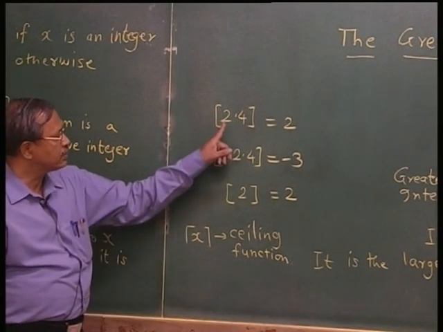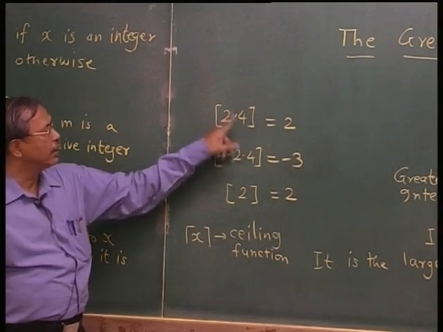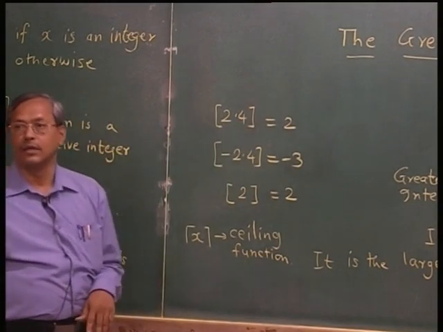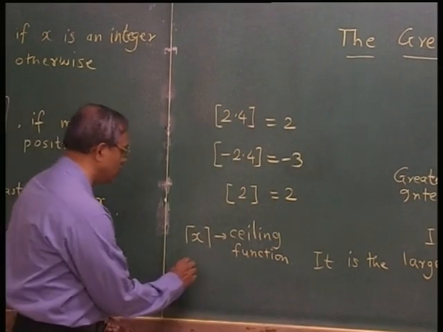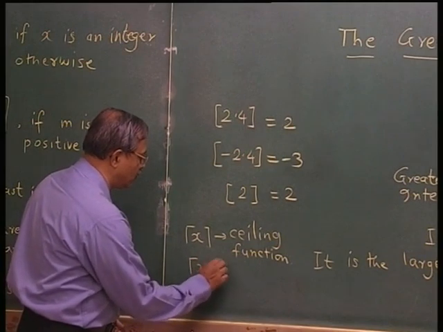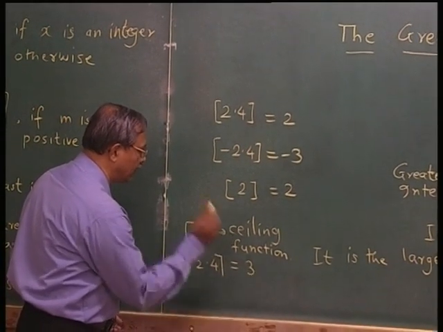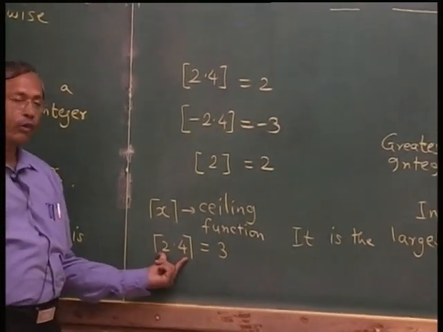For example, what is the ceiling function of 2.4? It is the number next to this integer, so it is going to be 3. It is the smallest integer which is bigger than or equal to 2.4.